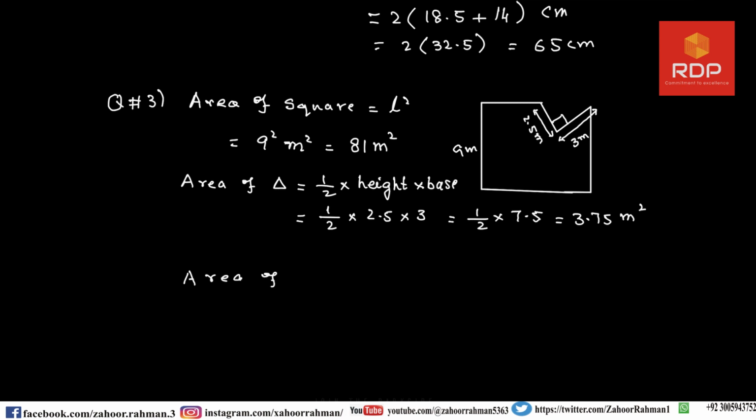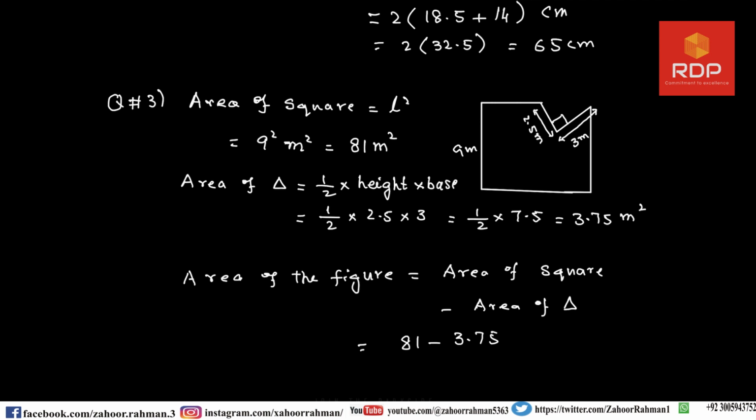Now the area of the figure is equal to area of square minus area of triangle. So putting the values inside it, we will get 81 minus, we found, 3.75, and that will be equal to meter square.